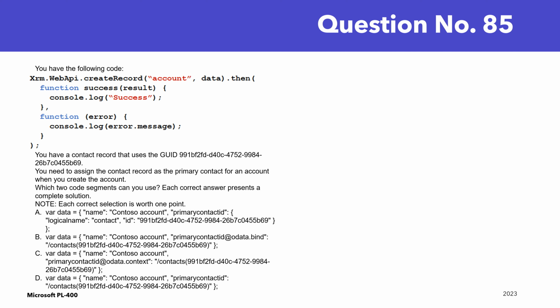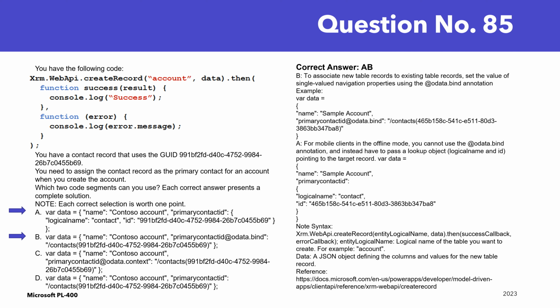C. var data equals name: Contoso account, primarycontactid@odata.context: /contacts(991BF2FDD40C4752998426B7C0455B69). D. var data equals name: Contoso account, primarycontactid: /contacts(991BF2FDD40C4752998426B7C0455B69). Correct answer: A and B.